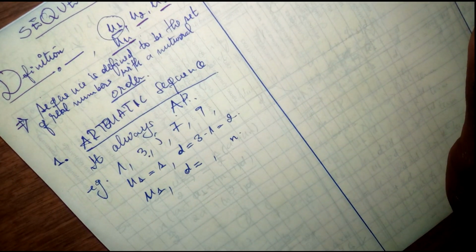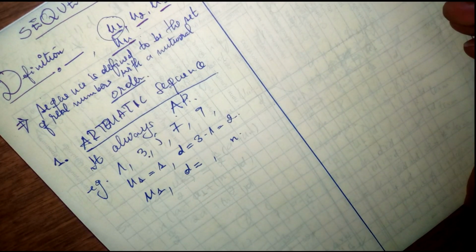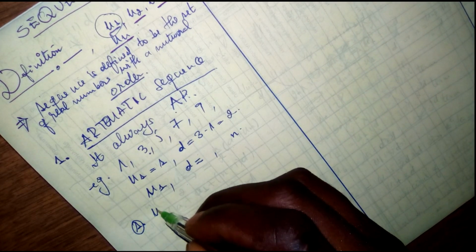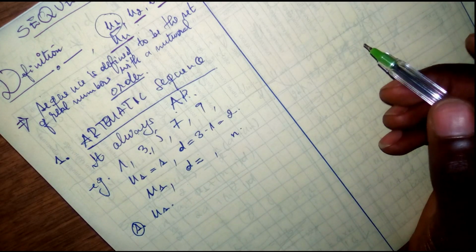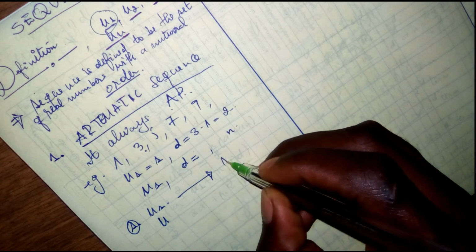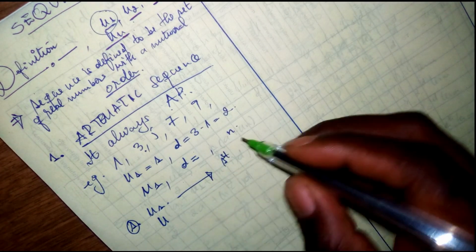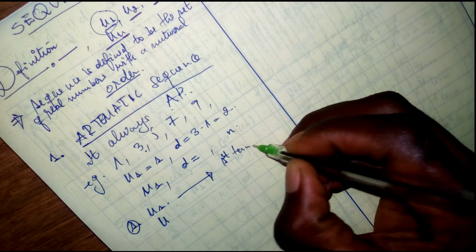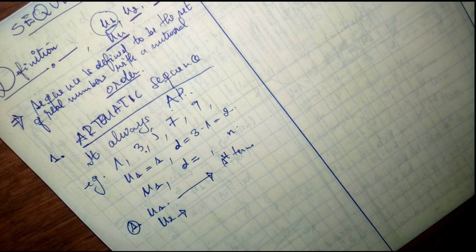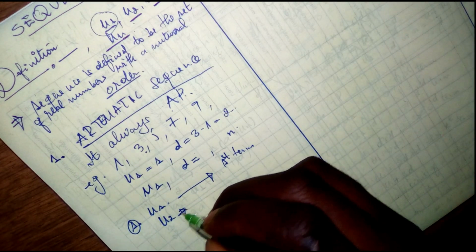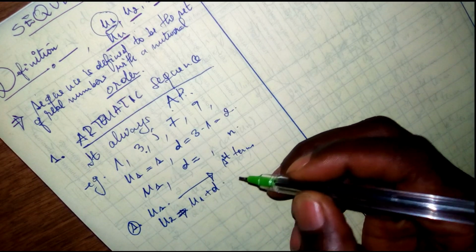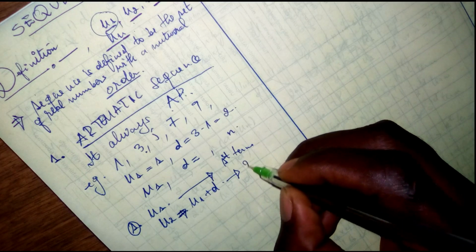So let's see how we can calculate the nth term of an arithmetic progression. First we have u1, the initial term. Secondly, we have u2, which is equal to the initial term plus a common difference, and that is the second term.